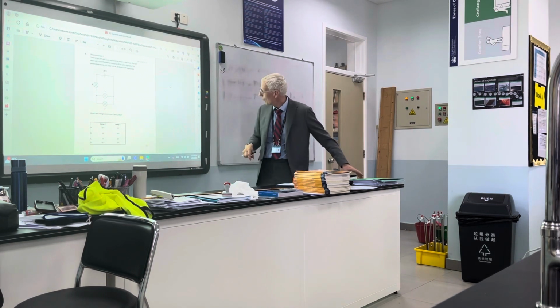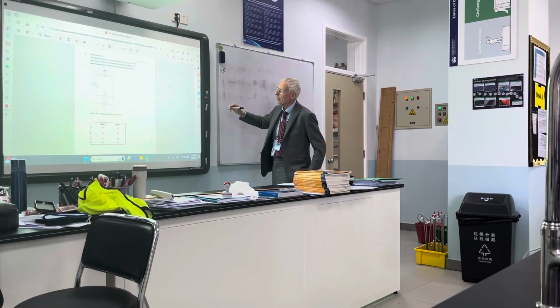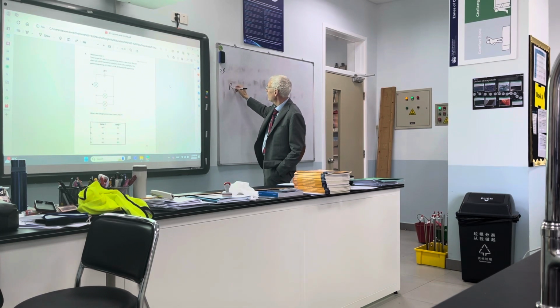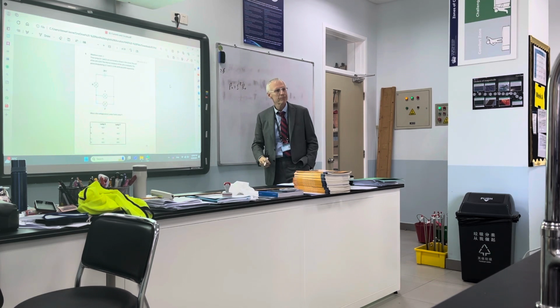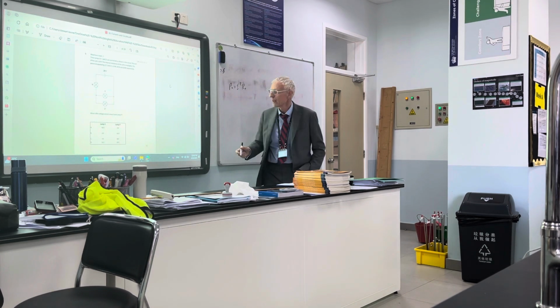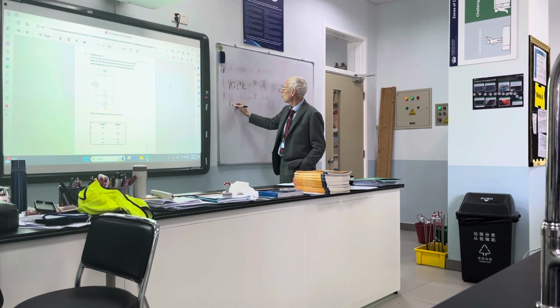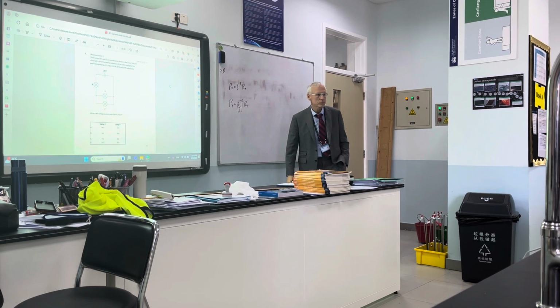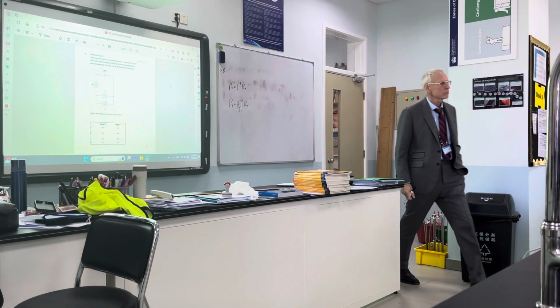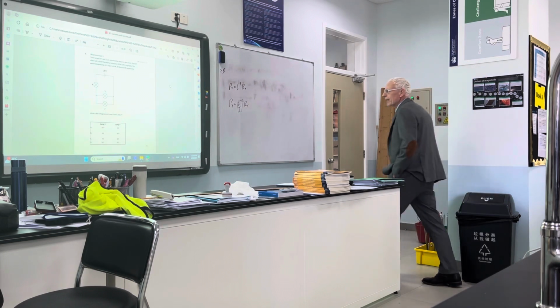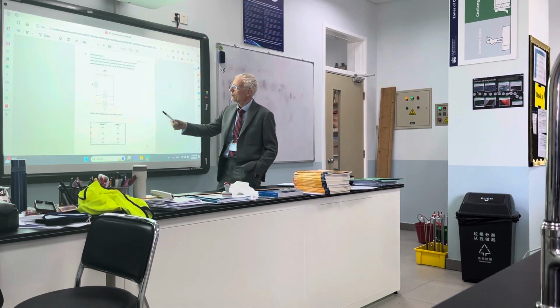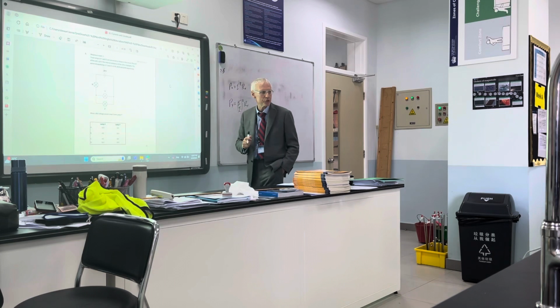So what I did on this one is I thought, okay, the power of X would be I squared times the resistance of X. I don't know what it is, I don't mind. But the power in Y would be (I over 2) squared times Ry. And it tells us the power dissipated is 10, 20, 20, which is really good.